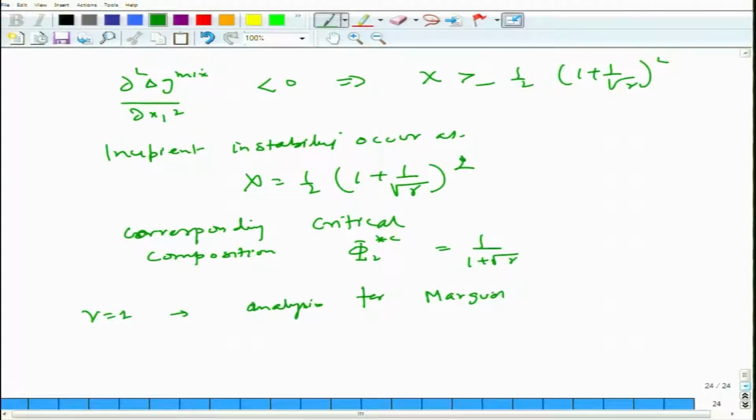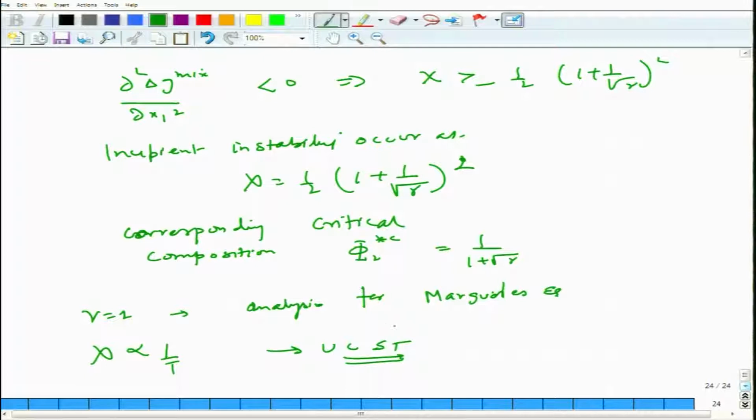Now, recall that the chi parameter which we have shown here is proportional to 1 by T. So, in that case the Flory-Huggins theory is associated with only the upper critical solution temperature.